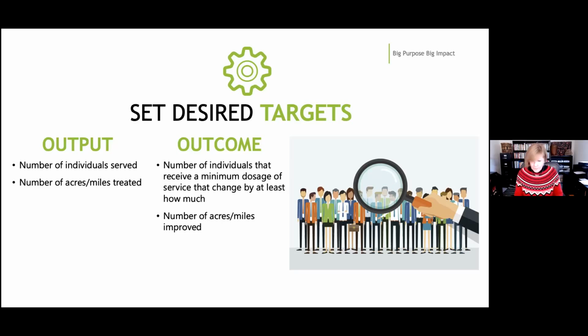But you also want to make sure that you're measuring the outcome of the people that got closer to what you consider sort of the ideal or minimum amount of service that it takes to actually create a change.